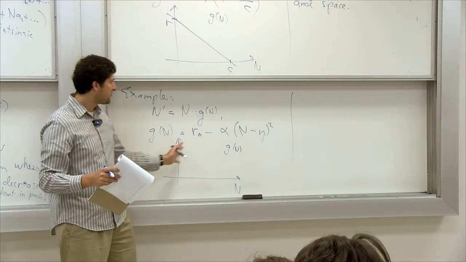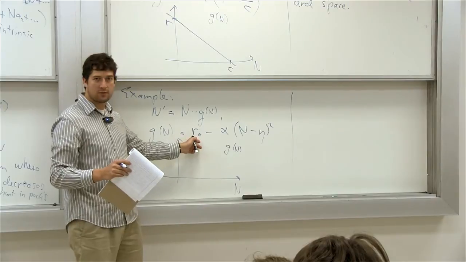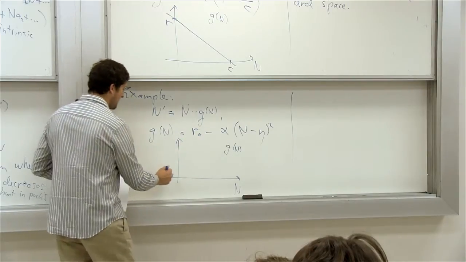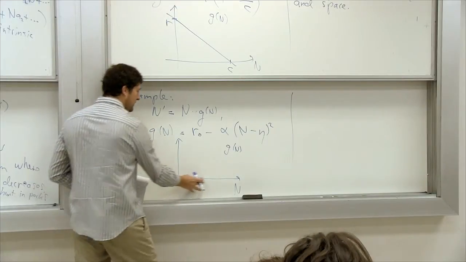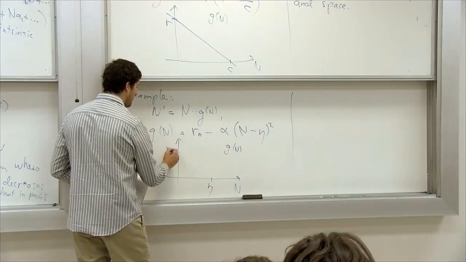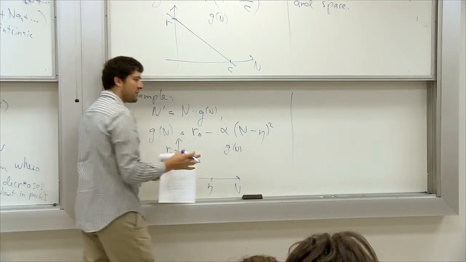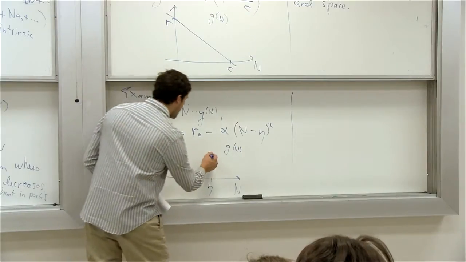It's been shifted to the right by eta, and it's been shifted up by r0. So basically, you take your parabola, flip it down so it looks like this, move it to the side by eta, and then move it up. And this alpha serves as a way to make it wider or narrower.